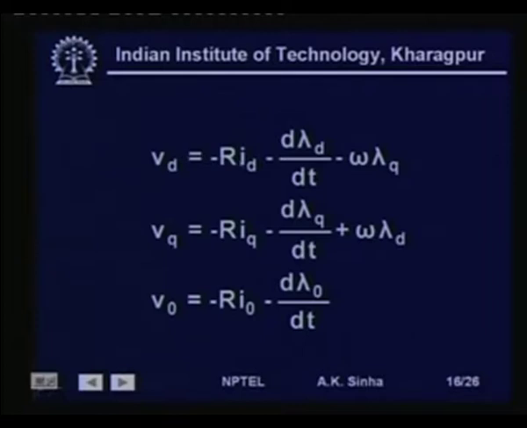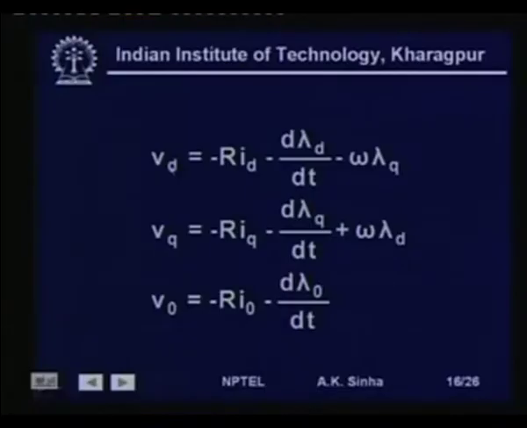So, minus omega lambda q is coming in V d, that is the voltage in direct axis is also dependent on the flux linkage of the q axis coil. This is a very interesting phenomenon, and this is what we call as the speed voltages, that is the voltage which is coming because of the rotation of the rotor.